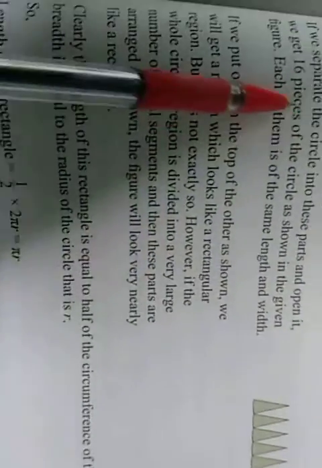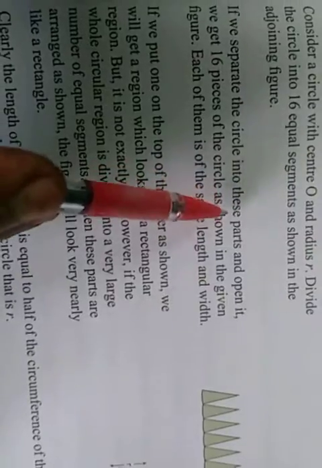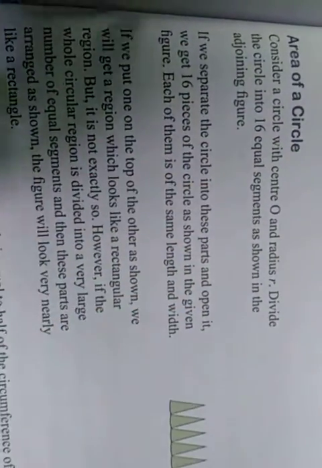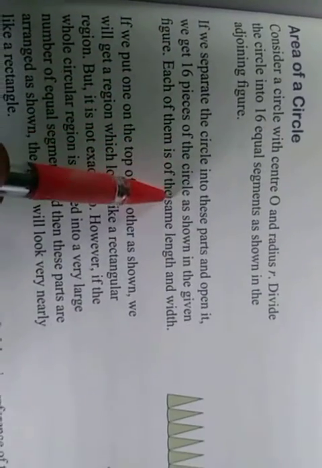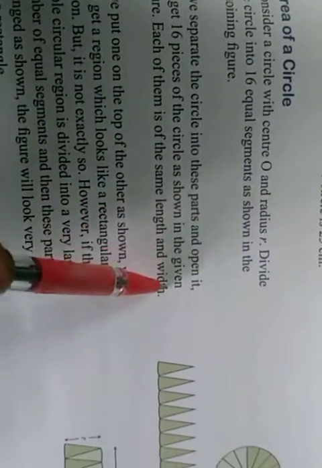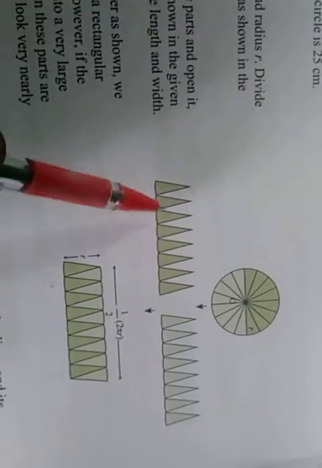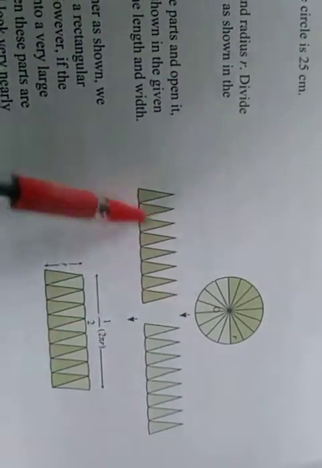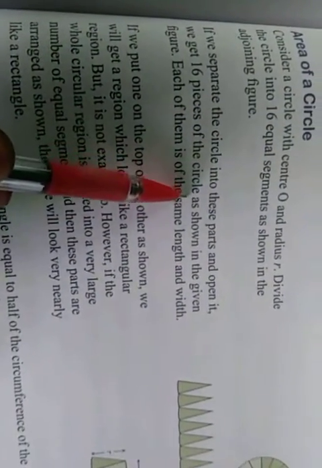So if we separate the circle into these parts and open it, we get 16 pieces of the circle as shown in the figure. Okay, we will get 8 and 8, 16 pieces of the circle.